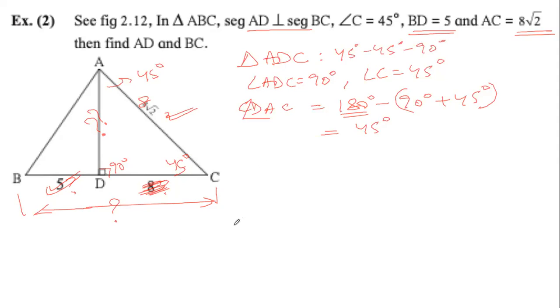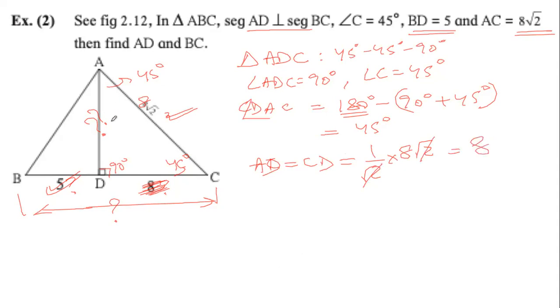In such a triangle, we know the remaining sides AD and CD will be equal, and each of them will be equal to 1 by root 2 times the hypotenuse, which is 8 root 2, which is 8.